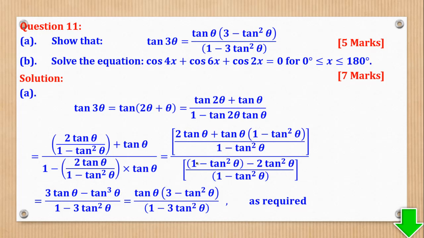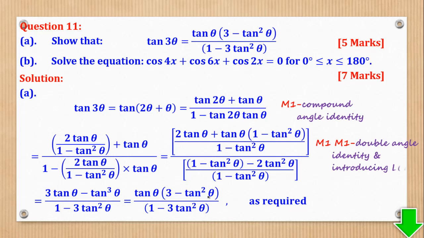For this one, it is 1, then minus tan squared theta minus 2 tan squared theta, which gives you minus 3 tan squared theta. In the numerator, tan theta is common, so factorize it out, you will come up with the required proof. And that's what they wanted.